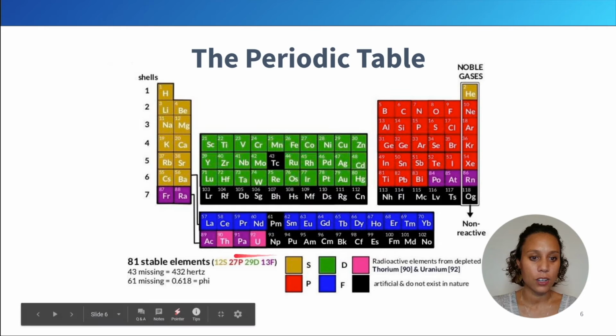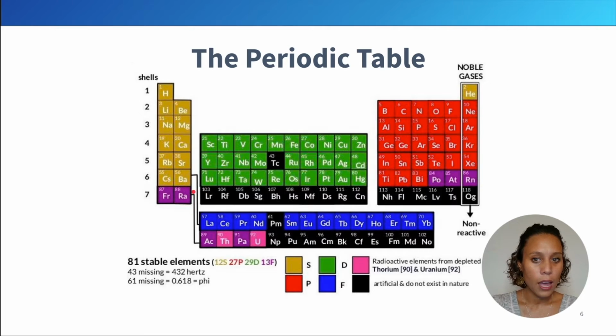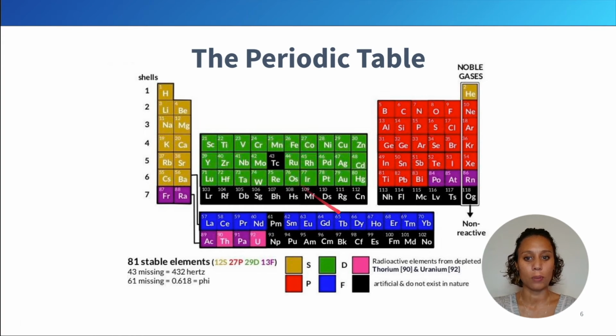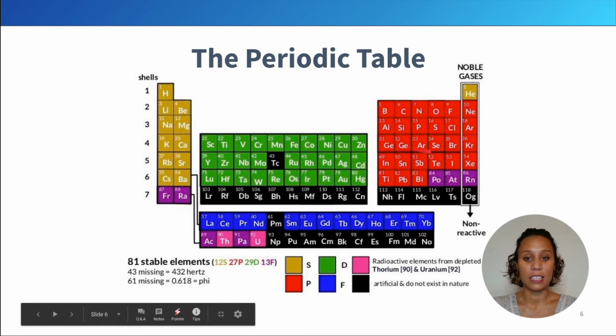These elements go into these rows, and they just start to add electrons more and more. And you can see that everything that is yellow follows the s orbitals, so they look like spheres in the end. Green follows the square d orbitals, red the p orbitals, and blue the f orbitals.